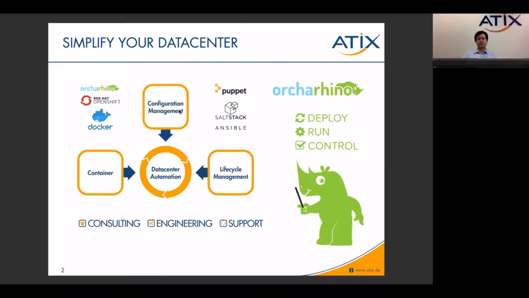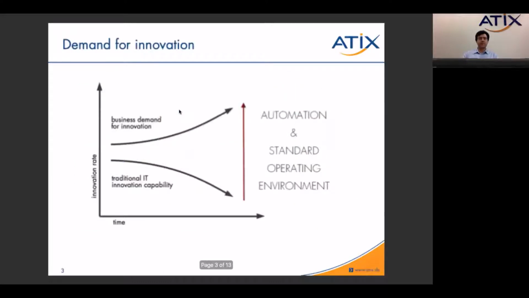So now the first question is, why do we need to automate it all? In business, there is a demand for innovation. Innovation means we need to discover new technologies, develop them, learn them, and figure out where we can implement them. On the other side, in the data center, the number of servers increases, while the number of administrators in general does not.